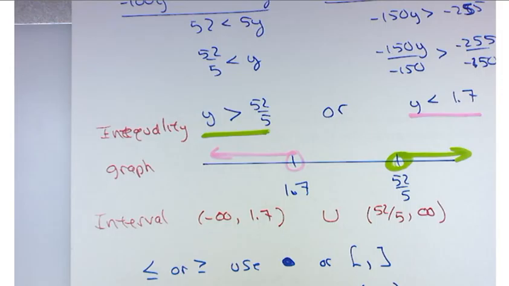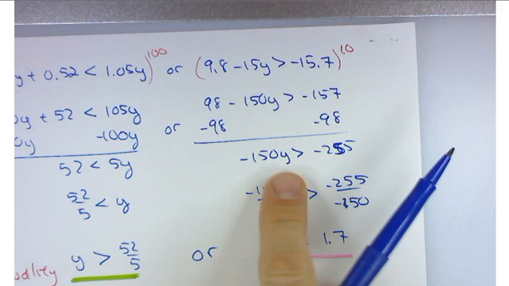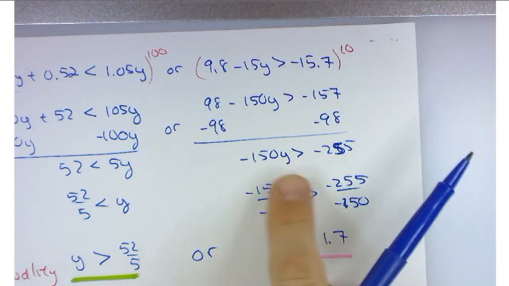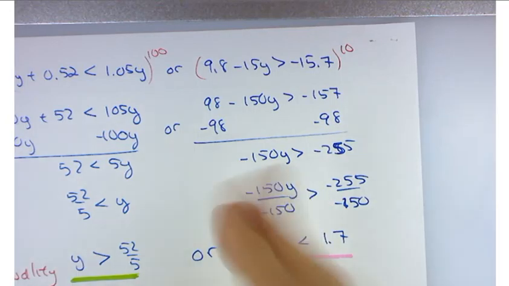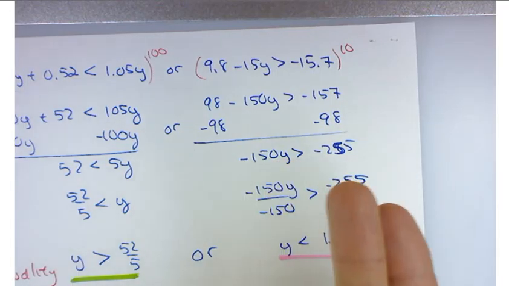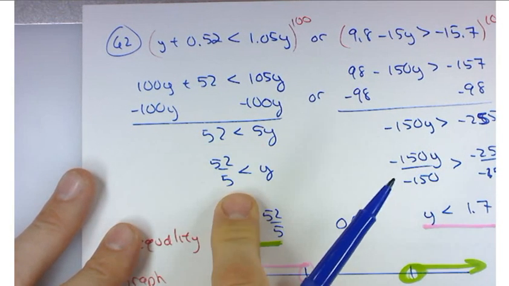Rhonda? Can you clarify the flip of the sign? You mean like right here when we flip this? Whenever you divide or multiply by a negative number, you have to reverse the direction of the inequality. So in this case, I divided by positive 5, so I didn't have to change things.